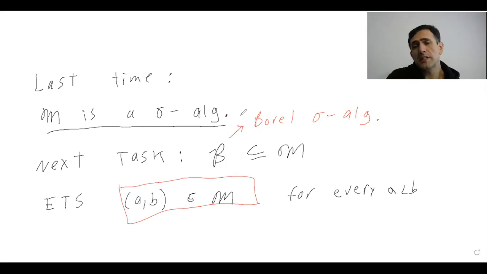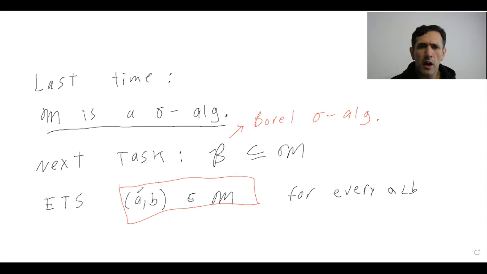But the homework is that they're the same. They're literally the same class of subsets of R. It doesn't matter whether I use my definition or the book's definition, you get the exact same thing.